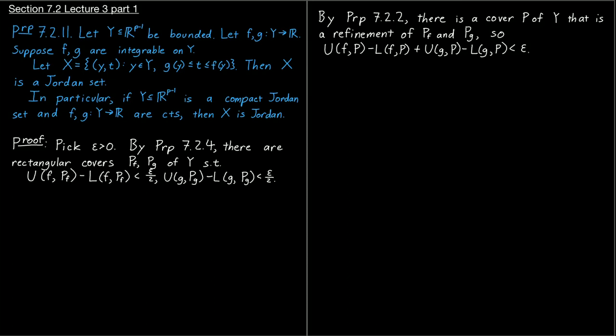Let me draw you a picture of what's going on. This will necessarily be a two-dimensional picture, but that's okay. Here is our Jordan set Y. We've got a function G and another function F. And then our set X is everything in between.